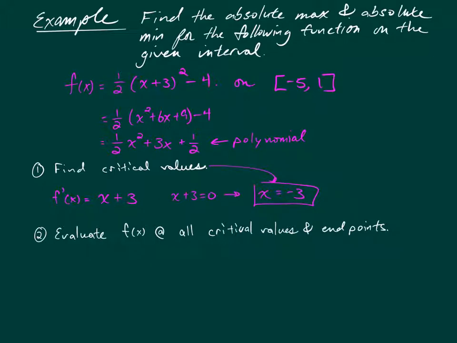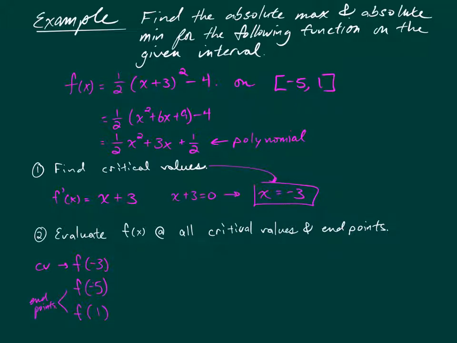So what does that mean? We have to evaluate f of negative 3. There's the critical value. We have to evaluate f of negative 5. That is the left endpoint of our interval. And we have to evaluate f of 1. So these are endpoints.